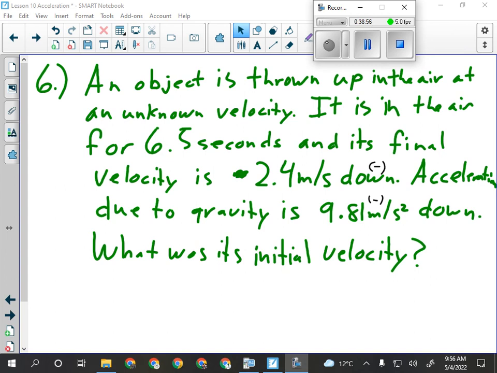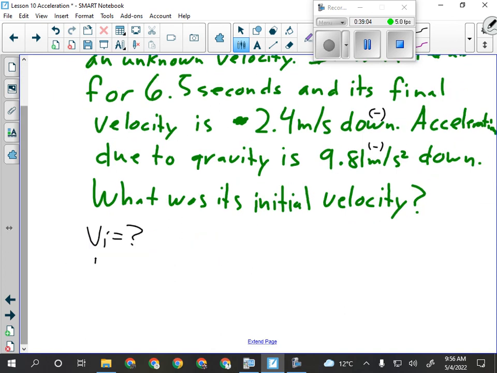So, an object is thrown up in the air at an unknown velocity. That means we don't know what VI is. It's in the air for 6.5 seconds, and its final velocity is 2.4 meters per second down.